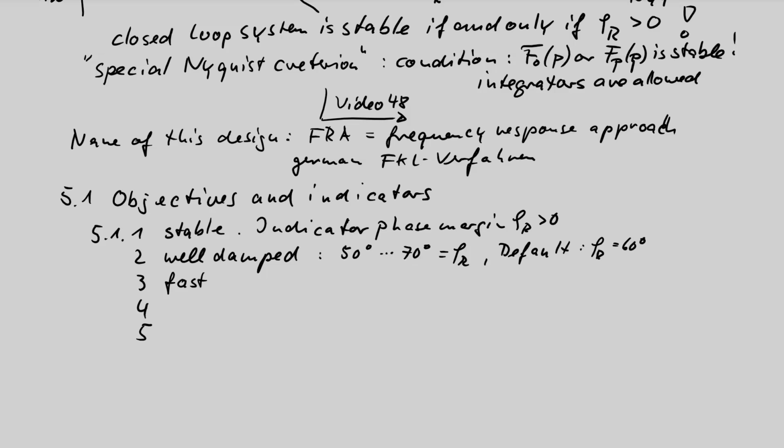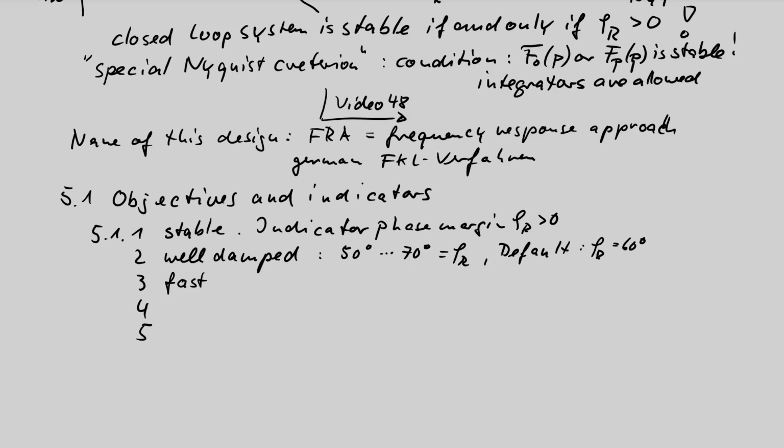If you change your desired value, you expect that the controlled value follows as fast as possible. So we need fast loops, and one indicator is the crossover frequency. The value of the crossover frequency indicates the speed.